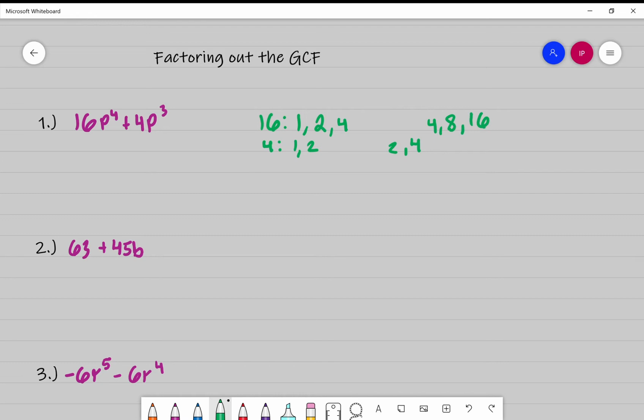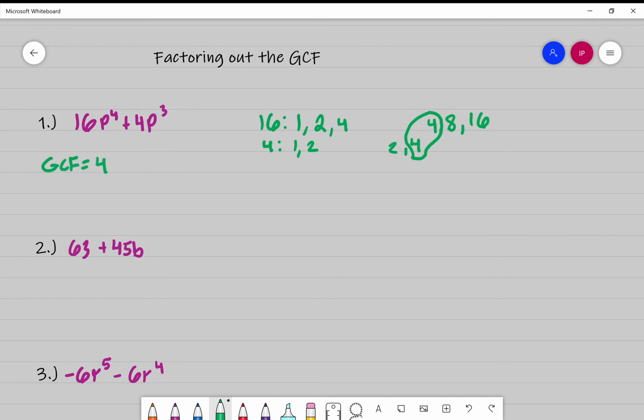So we realize that the largest number that these two numbers have in common is 4. So I'll circle that. We got 4. So GCF equals 4.